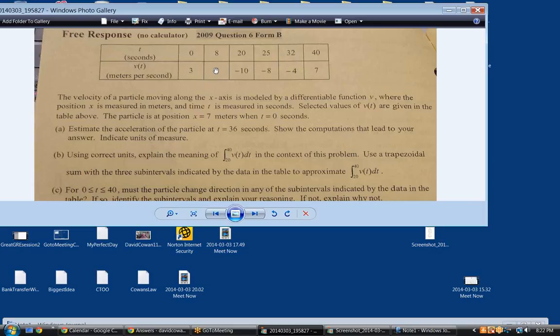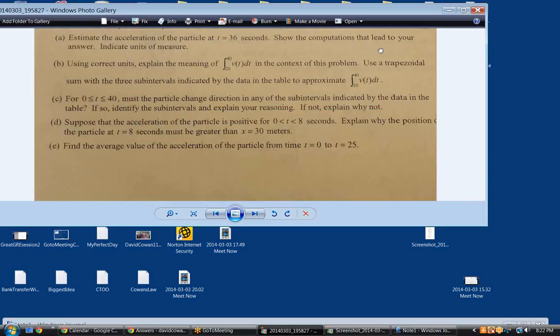If she had constant velocity between 0 and 8 seconds, she would go 8 times 3, 24 meters. Yeah, 24. Starting at 7, she's past 31.